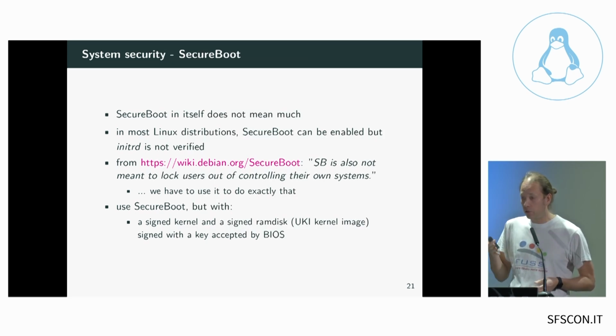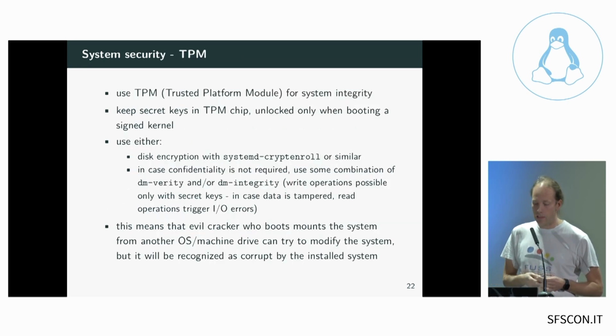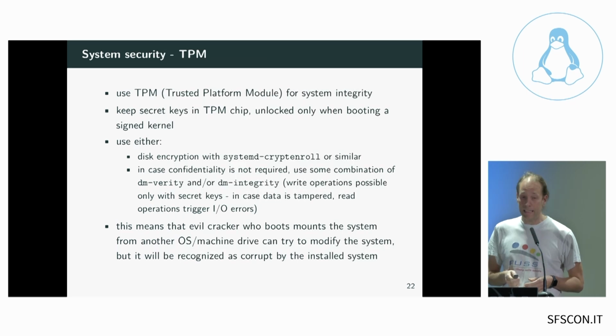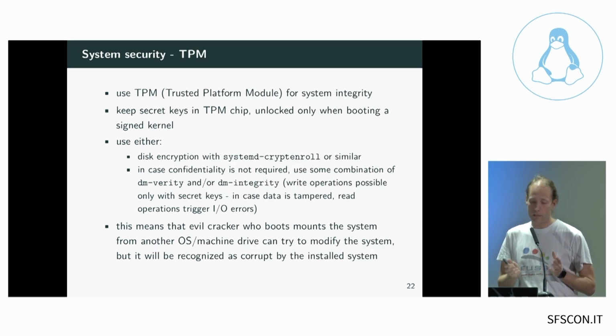So the plan is, and these are upcoming plans in Puavo OS to support these kinds of features, to use Secure Boot with a signed kernel and a signed RAM disk, signed with a key accepted by the BIOS. TPM is something that we can use for system integrity. We can keep secret keys in the TPM chip, unlocked only when booting into a particular environment with our kernel.